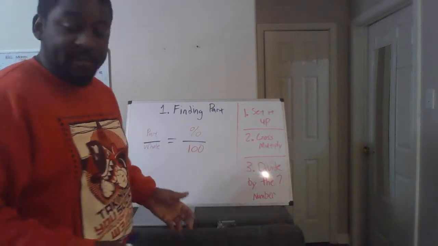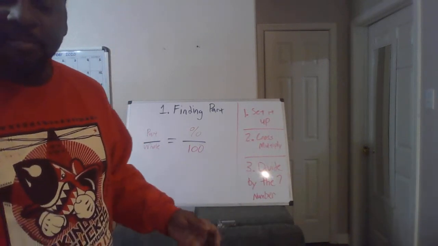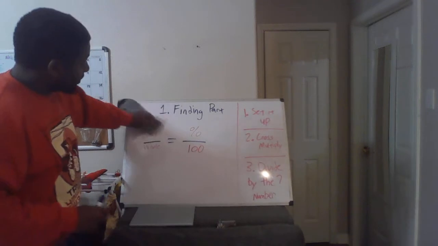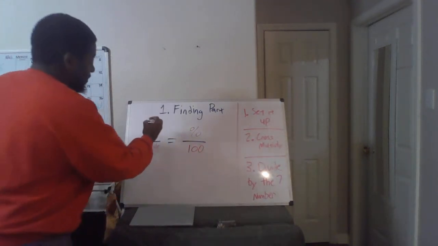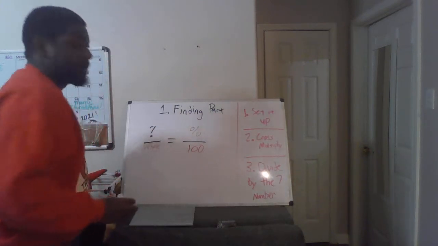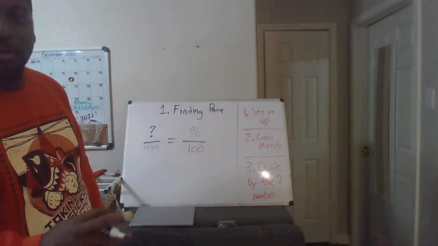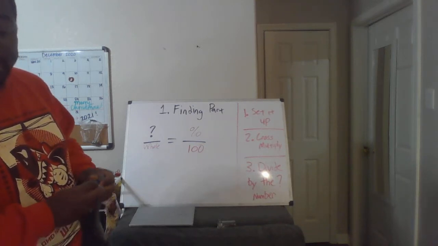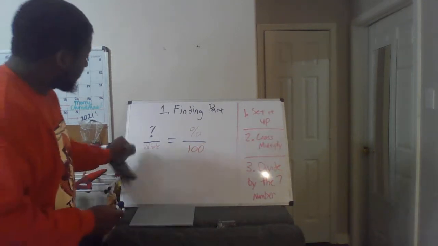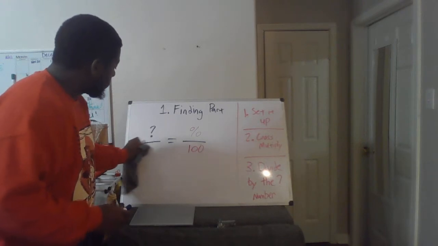So we know we don't have enough cake for everybody, which means we're trying to find cake for part of the people. Since we're looking for the part, we need to have a question mark there. Later on, we'll change that to a letter, like an actual variable, y'all, but for right now, we're just going to put a question mark there. It said there was 20 people that wanted cake, so 20 people is the whole.